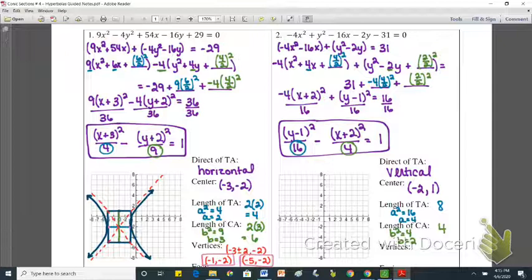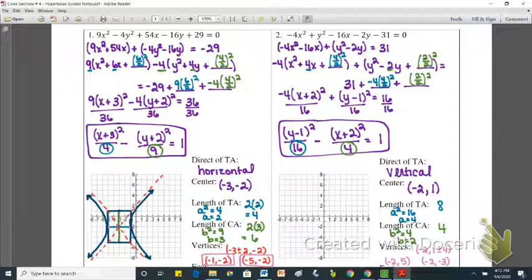So I'm going to add my a value to my y's. So it'll be negative 2, 1 plus or minus 4. So I get -2, 1 plus 4 is 5, and -2, 1 minus 4 is -3. When I plot it and graph it, those should be the corners of my box.